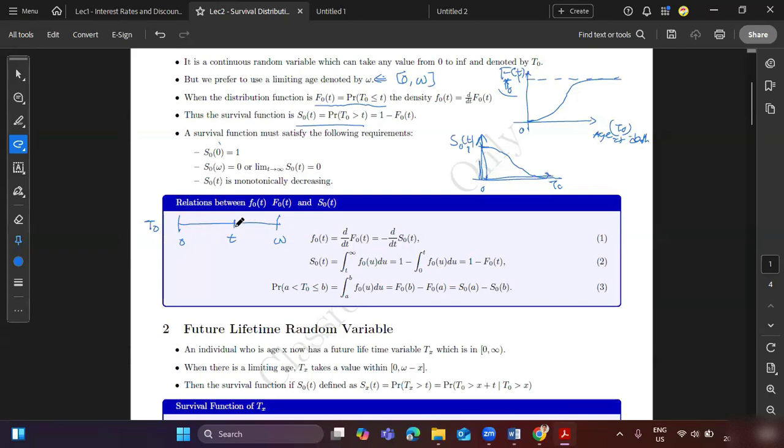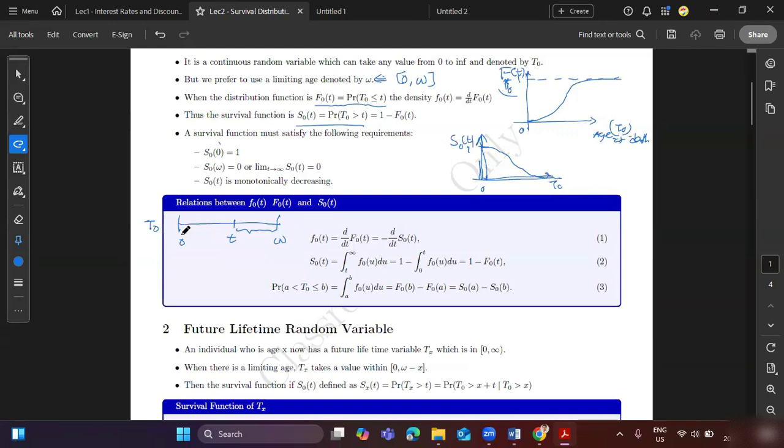If the probability is greater than t, we are interested in this area of the span. That means if you integrate the density function from t to infinity, or in this case up to the maximum value, you will get the survival value.